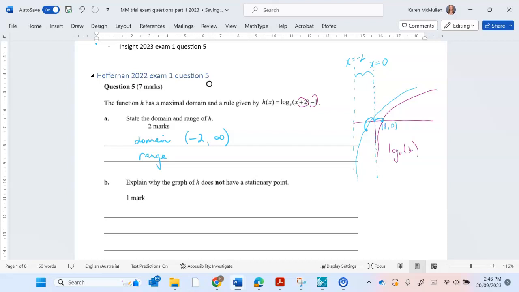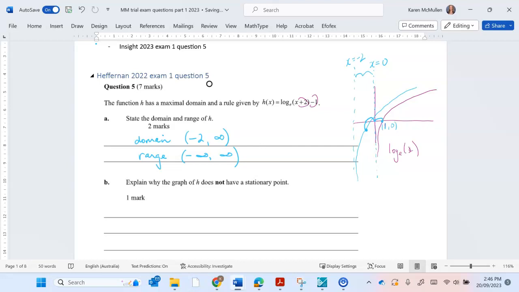So there's no horizontal asymptote for this graph. So your range is any real value, or if you want to write it with infinity, from negative infinity to infinity. Okay, so just taking note of what has happened with your vertical asymptote. It's been shifted across 2, so it's now at negative 2.